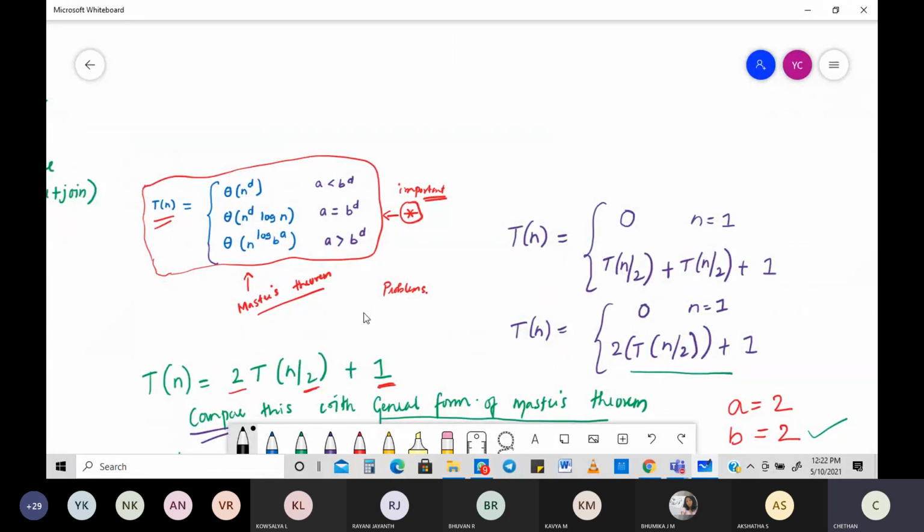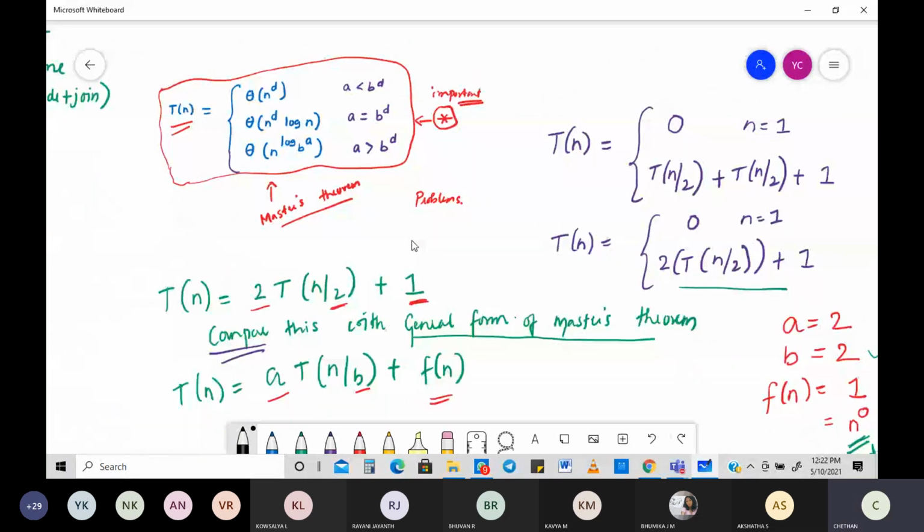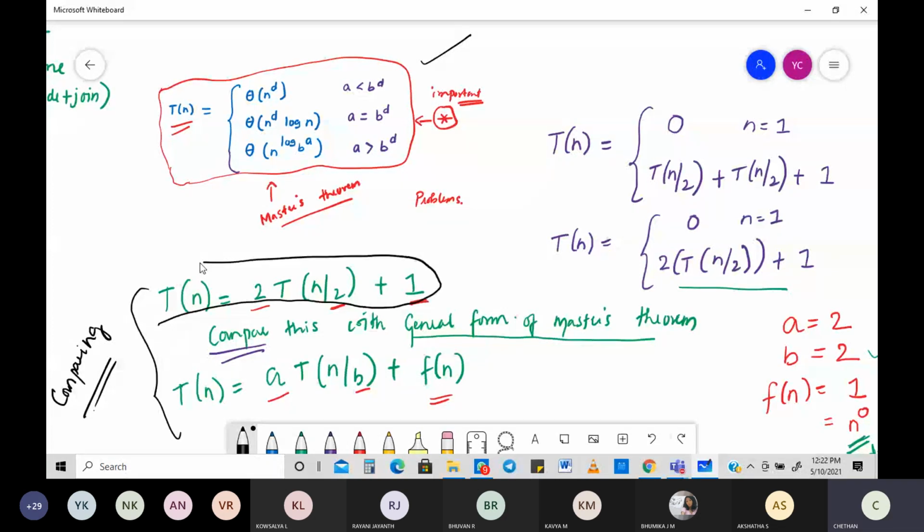The third one is all about comparing. It's all about comparing with what you already know. You know very clearly where you got this, from here and from here. You compare the value of a, the value of b, and the value of f(n).